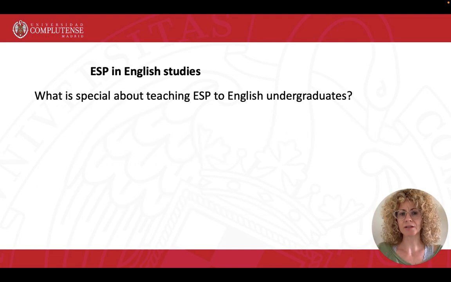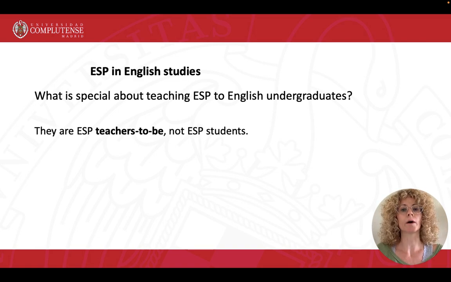Now, what is special about teaching ESP to English undergraduates? Well, precisely the fact that here we are not teaching ESP students, that is, people who work as engineers or tourist agents, or are willing to learn English to further develop their professional duties and reach a more international audience. But we are teaching students who already know English.